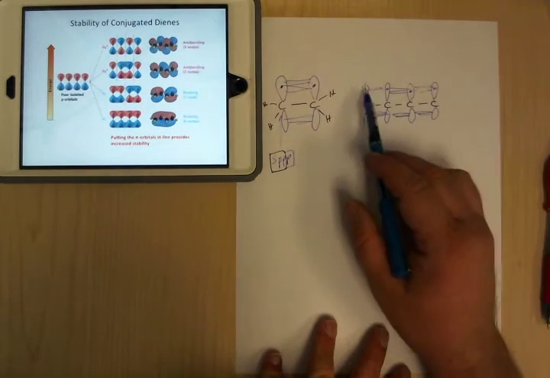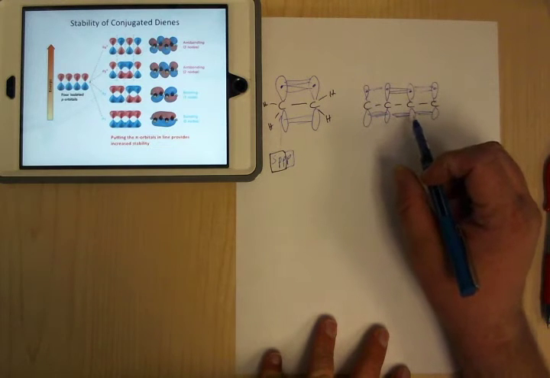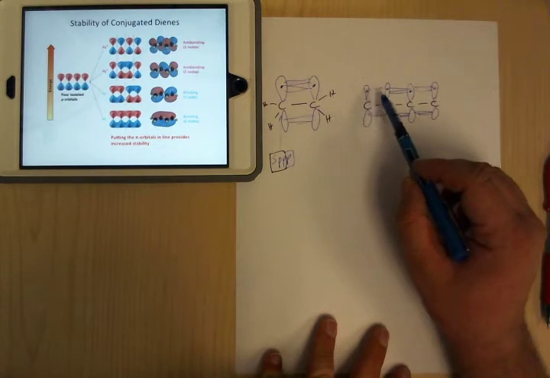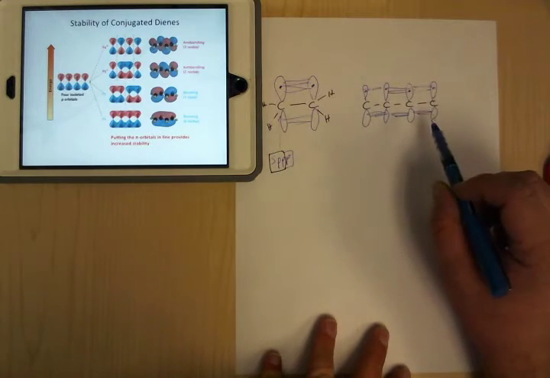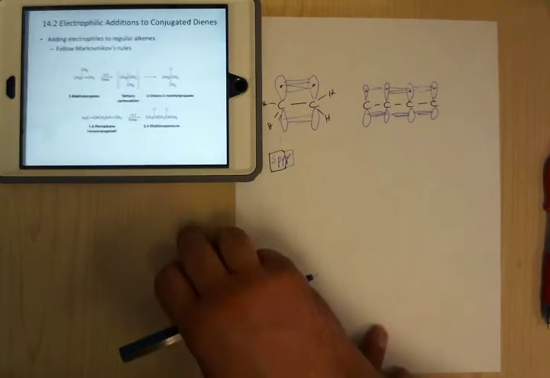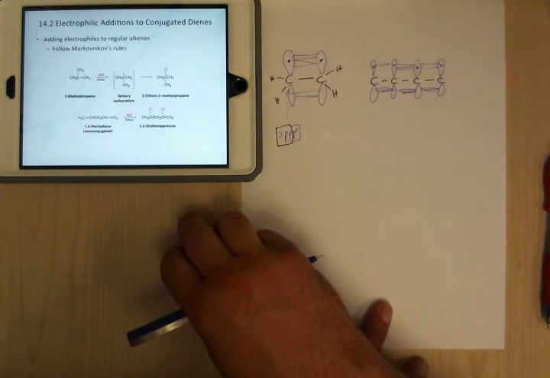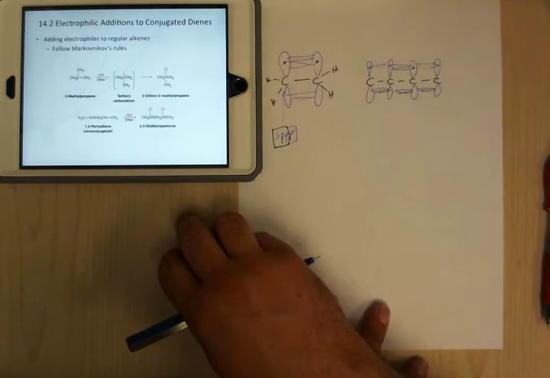That provides a significant amount of stability to the molecule, where you have all these p orbitals for the pi bonds in a row. And that has some pretty significant consequences moving forward.